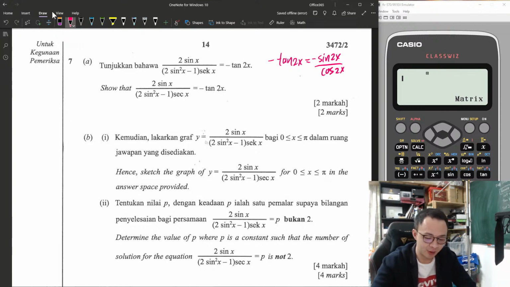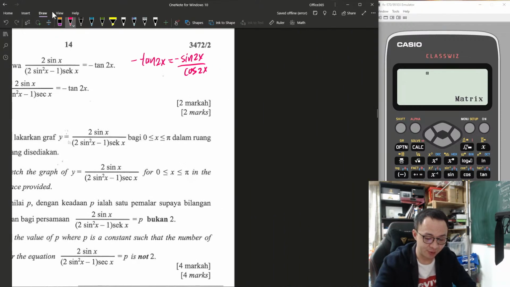Alright, let's begin to solve this one. I have 2 sine x over, okay, this is 2 sine square x minus 1. Secant x is basically 1 over cos x, isn't it? Definitely I'm starting from my left hand side.